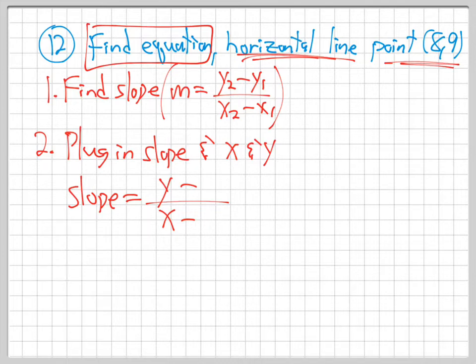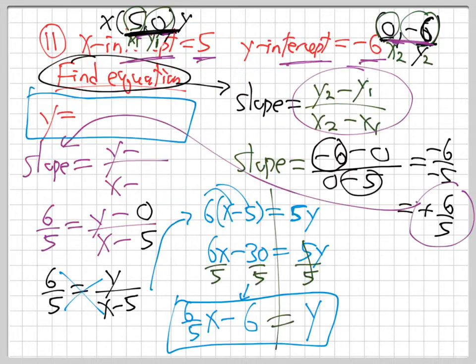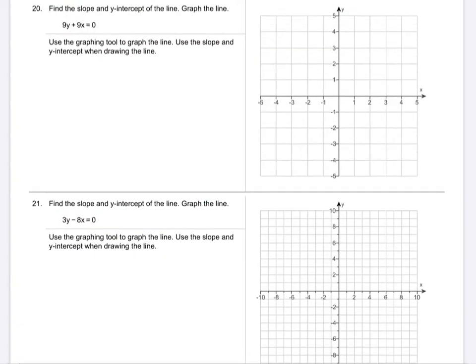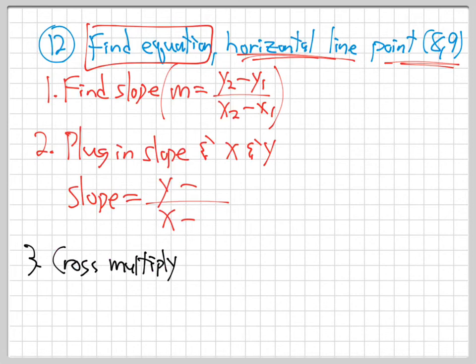Step three, cross multiply. Cross multiply on that one. So do they want, let me see, on this one, well here, go back to there. Here we go. So, yeah.